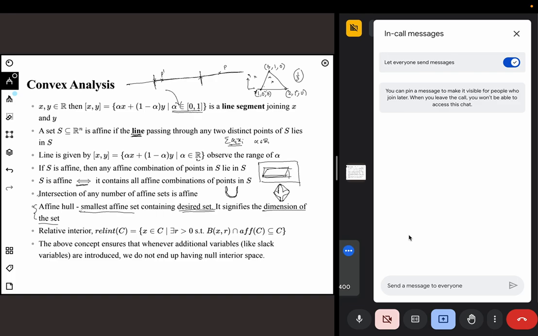Will that be an affine set? If I consider one point here and another point here, and I draw a line through them, when I take a weighted combination, the point falls outside the cup, right? Yeah, so then I cannot call this an affine set. But when I have a plane, I can always consider it as an affine one.